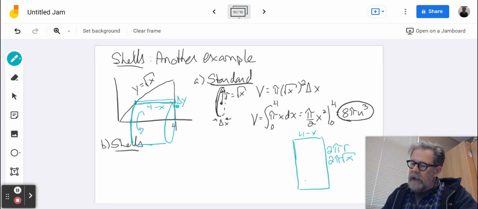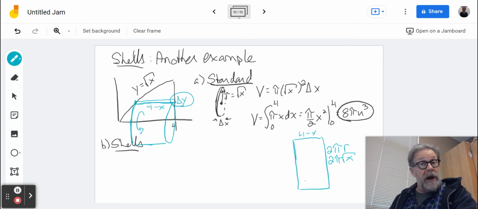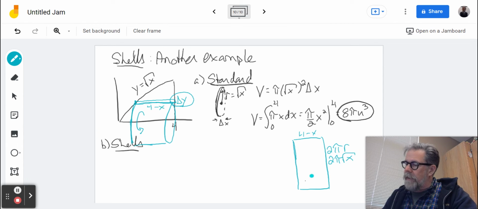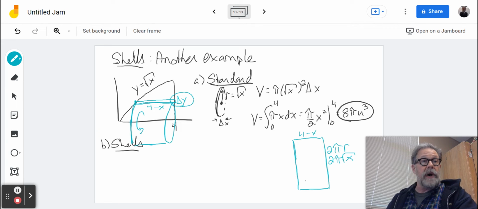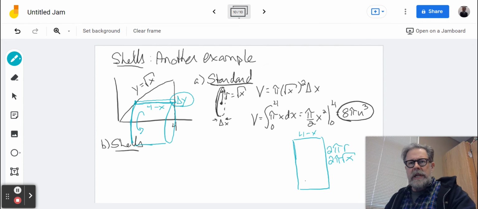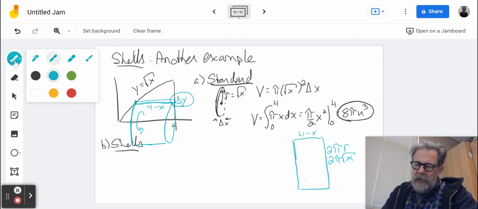But notice that my variable of integration is going to be dy instead of dx, which means I need this circumference and this height of my unrolled shell to both be in terms of y. So what is x equal to?